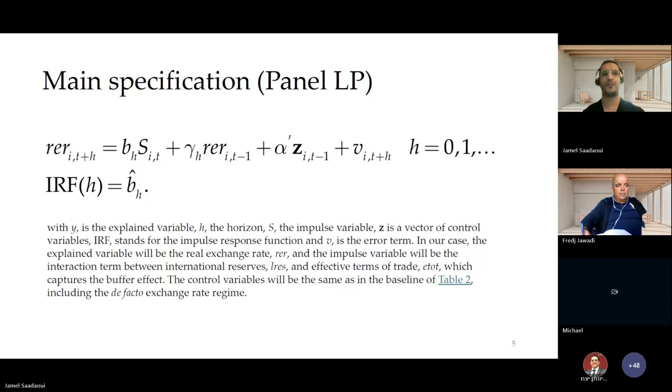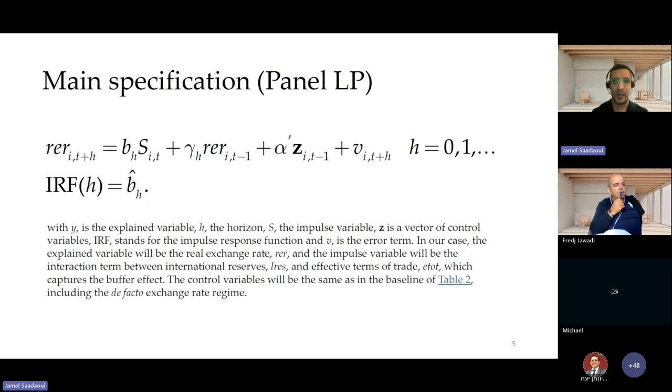On the right-hand side, you have S, which is the shock variable. You need to keep in mind that local projections do not solve in any way the question of identification.